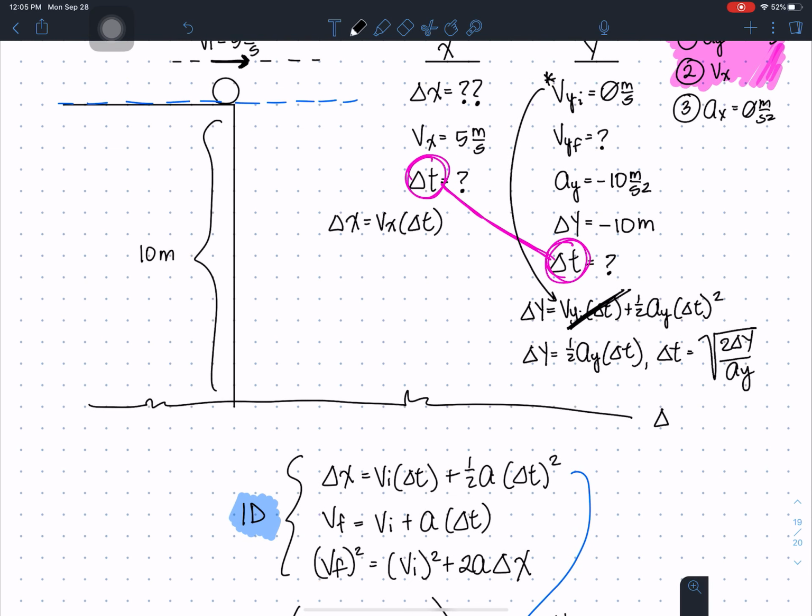If I plug in numbers, delta t equals the square root of 2 times negative 10 meters divided by negative 10 meters per second squared. And if I plug that into my calculator, I would see that t is approximately 1.73 seconds. And pardon me for a moment while I just double check that calculation.